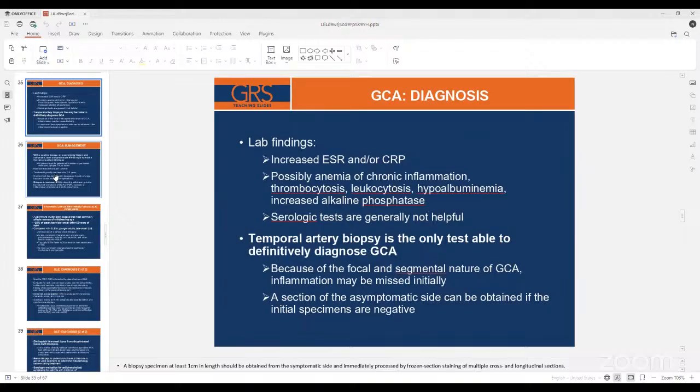Because of the focal segmental nature of the disease, inflammation may be missed initially. There will be areas affected by inflammation with granuloma and areas without granuloma. While taking the biopsy, you simply don't know which area you are targeting, so a section from the contralateral side can be obtained if the initial specimen is negative.